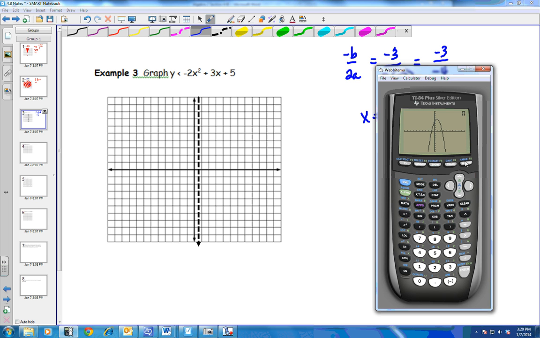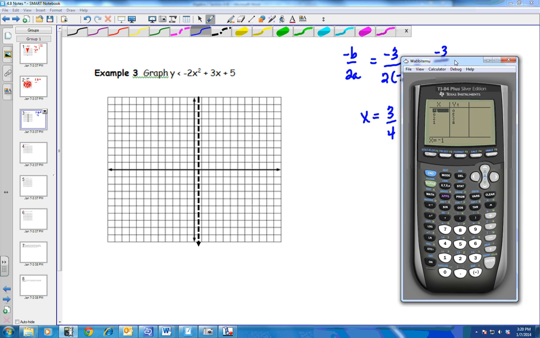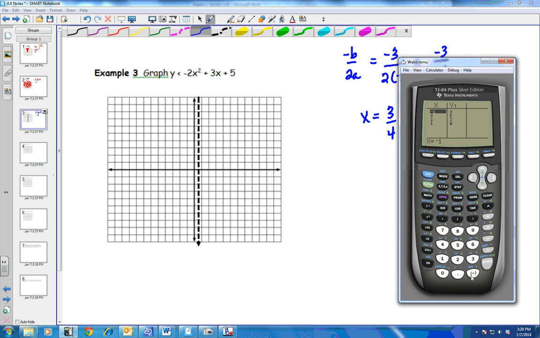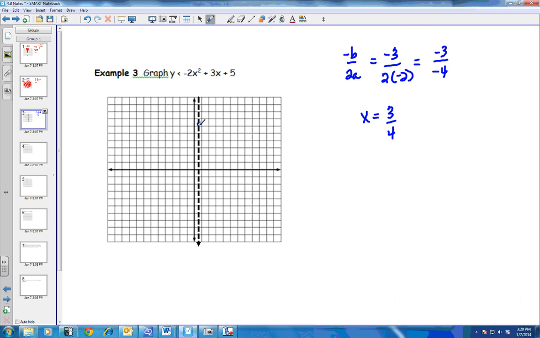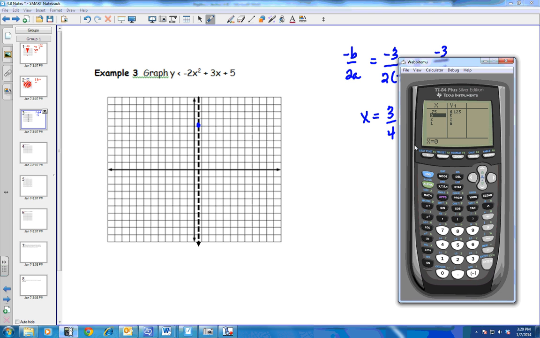So I'm going to go second table, and I'm going to type in 3/4 because that was my x value of my vertex, 3 divided by 4. So there's my 3/4. And it goes up a little bit past 6. So 1, 2, 3, 4, 5, 6. There's my vertex.